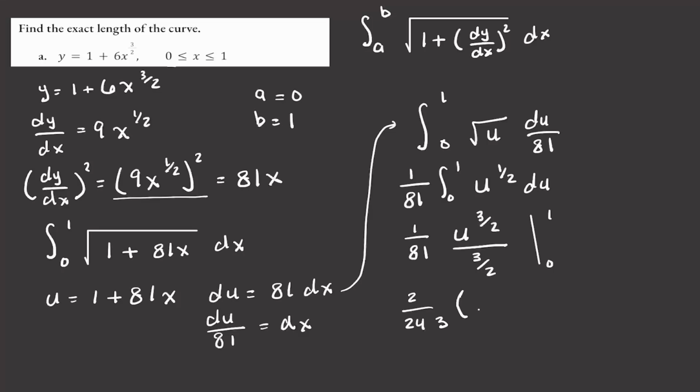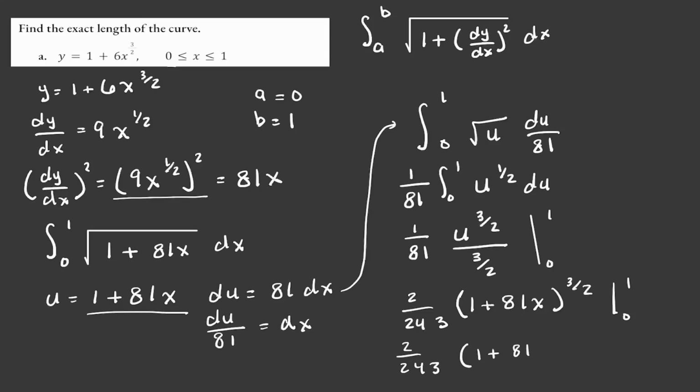Our u is this function right here, so I'm going to rewrite the function back in terms of x, to the 3 halves, and then evaluate it from 0 to 1.